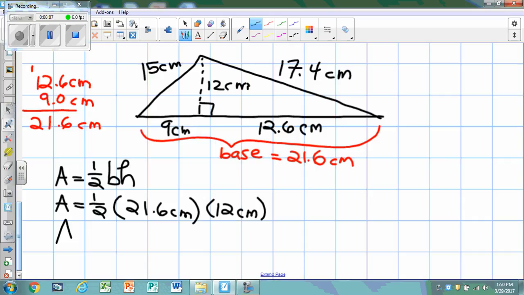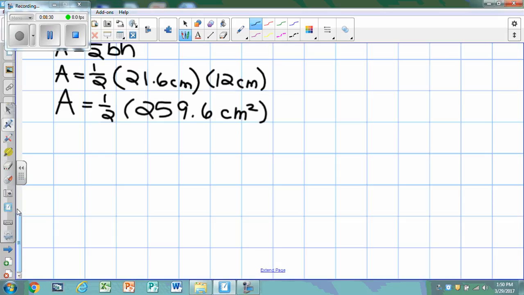All right, so let's do the math. Calculator people, take your calculators out. What is 21 and 6/10 centimeters times 12 centimeters? 259 and 2/10 centimeters squared. Ooh, nice. I heard some people remember the measurement. That was awesome. Now what do we have to do?